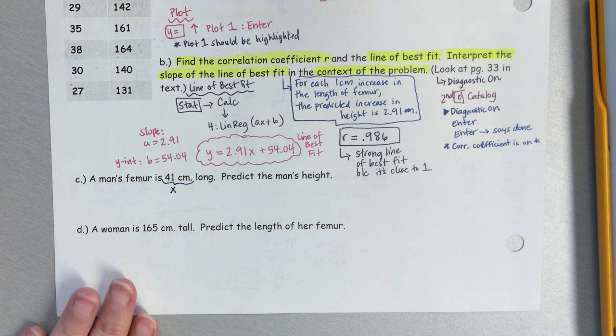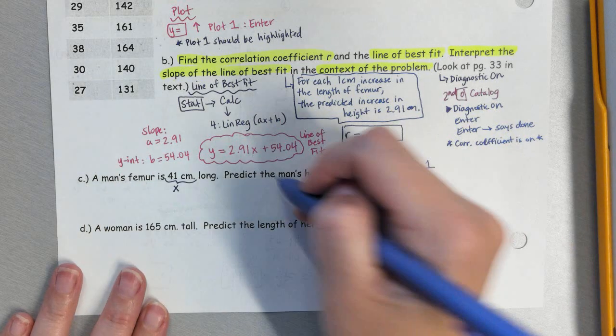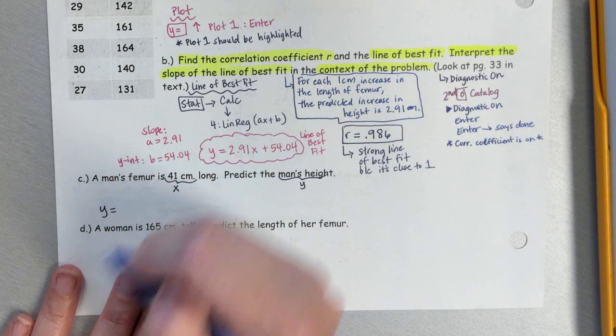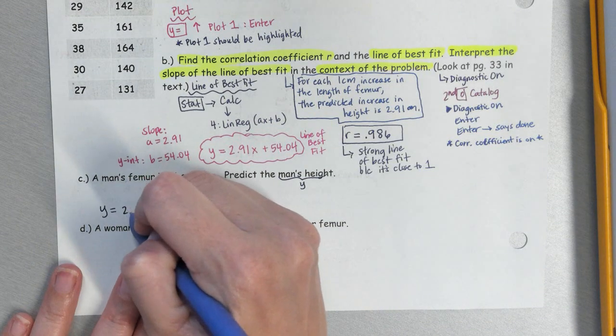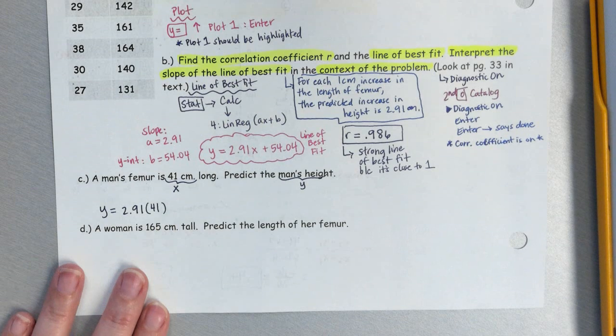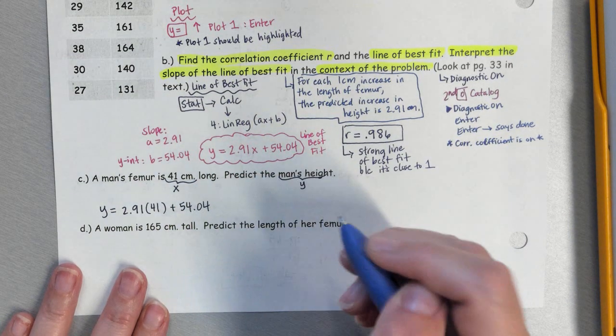The man's height is the y, which is what I have to find. So y equals 2.91 times 41 plus 54.04.